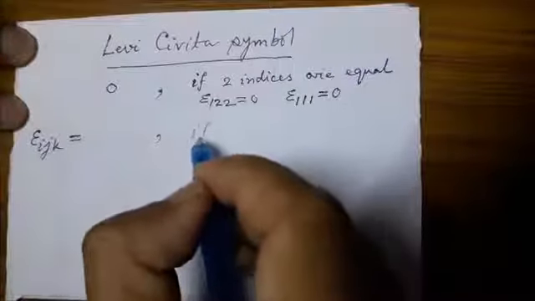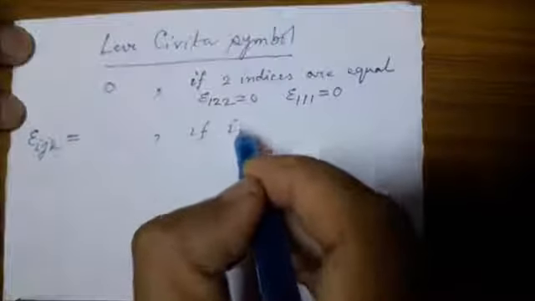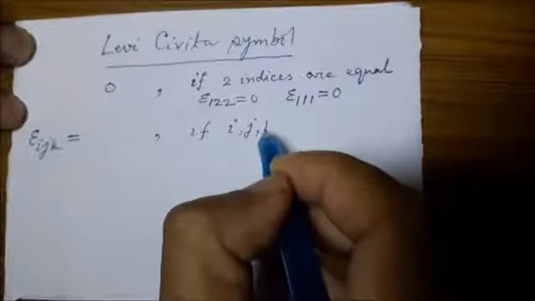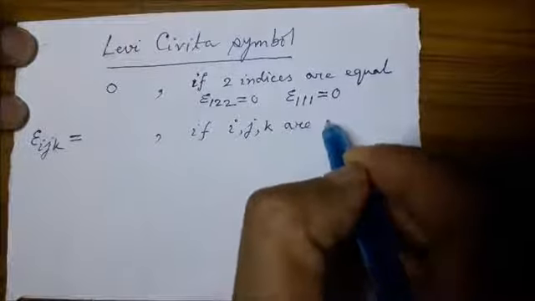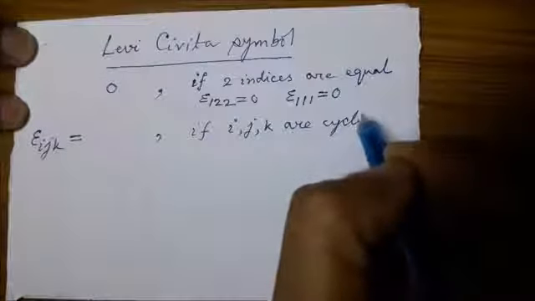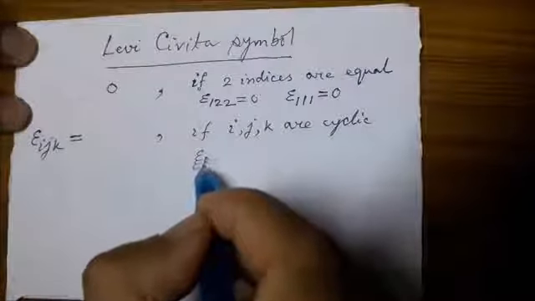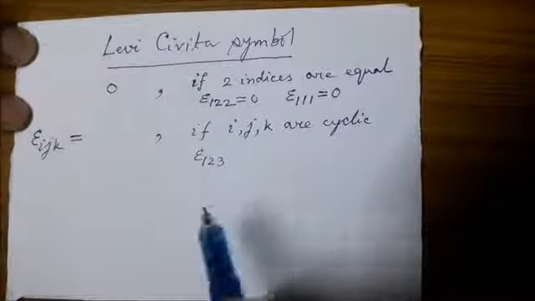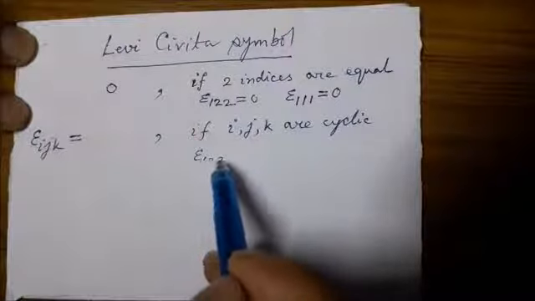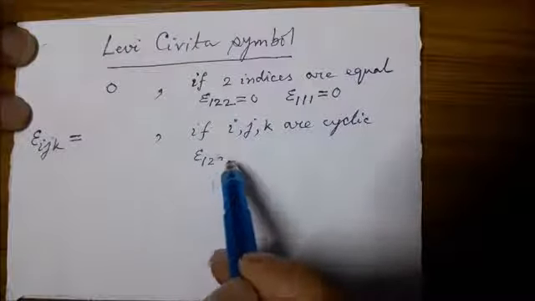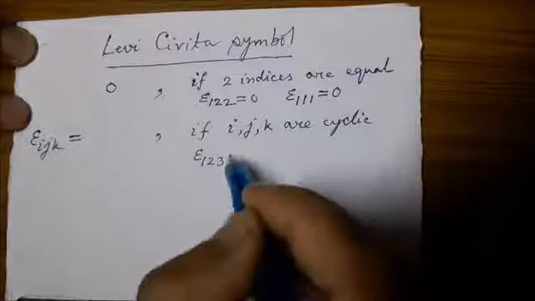Another possibility is if i, j and k are cyclic, say epsilon 1, 2, 3. So after 1 comes 2, then comes 3, and after 3 comes 1, so it's cyclic.